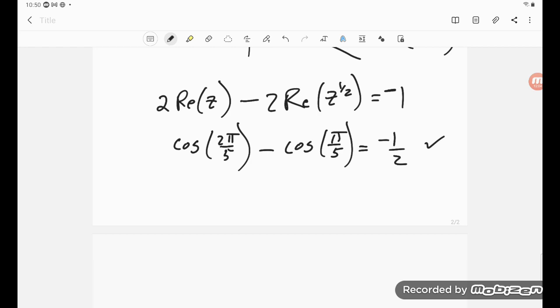So what we'll do is stop there, and then I'll look at something similar with another value, in particular letting z equal e to the i pi over 5. But we'll stop this video here and then start a new one.